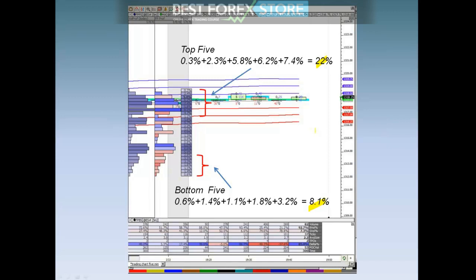So now I try to answer the other important question that we always ask: which way does the market want to go? Well, obviously, based on the data that we have right now, volume wants to move up. So if in fact I start to see some activity in the market and volume comes in and I get a little bit of a range extension to the upside, do I feel comfortable taking a long or not?